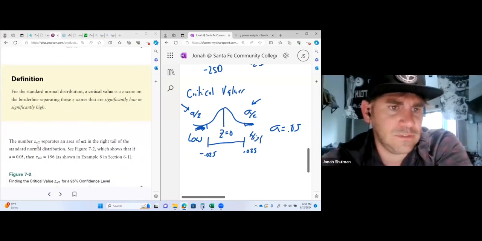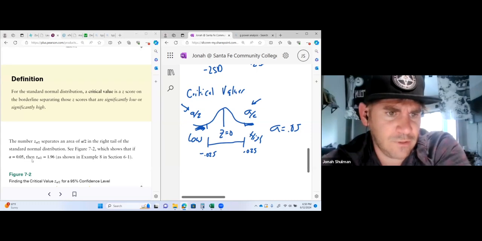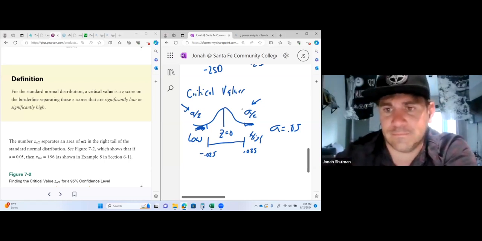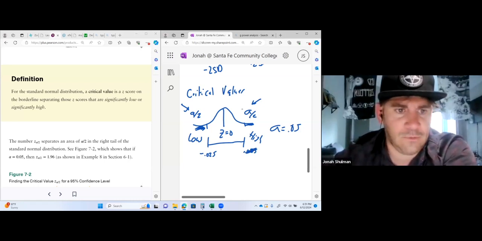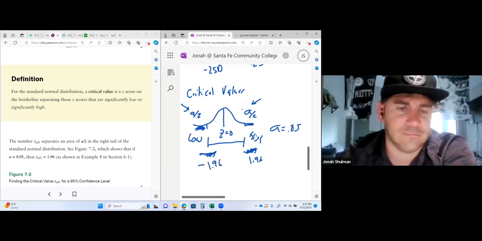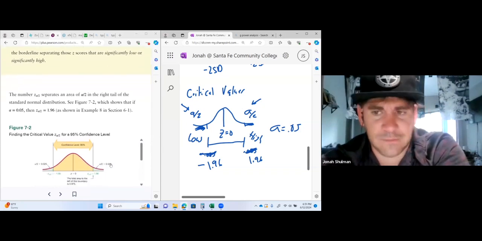The number z alpha over 2 separates the area in the right tail of the normal distribution. Figure 7-2 is a 0.05, and then divided by 2 when we plug it in, we get 1.96 for both of these, because that's the critical value. And there's exactly how I had it.